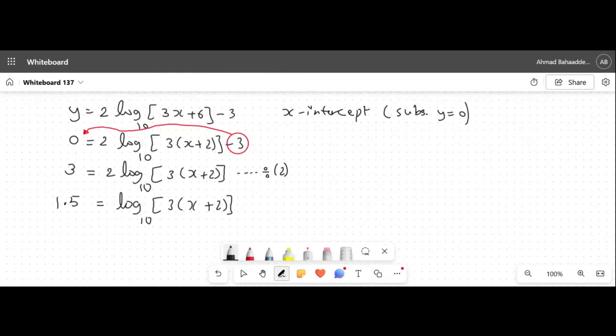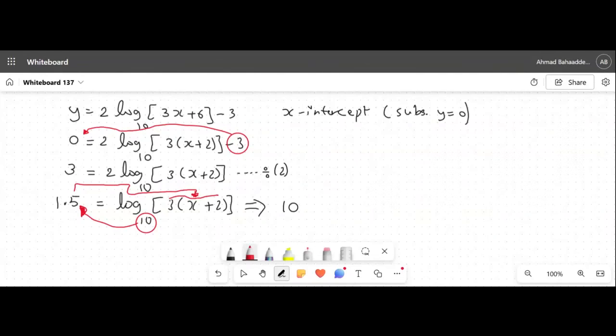Again, guys, we do the same thing we did in the previous example. We say that this is going to lead to 10 to the power of 1.5. Now, this is going to be the power of 10. That's going to give me the entire argument, which is everything here.